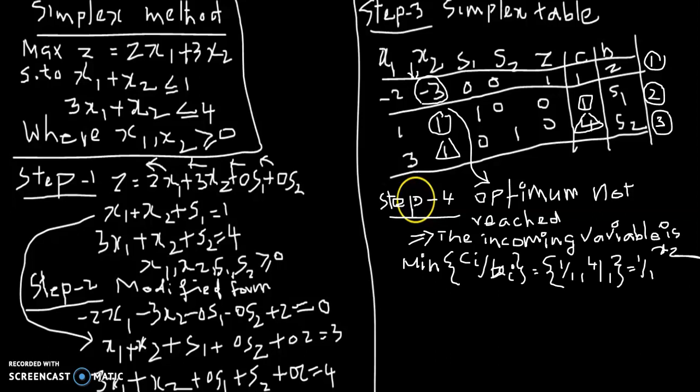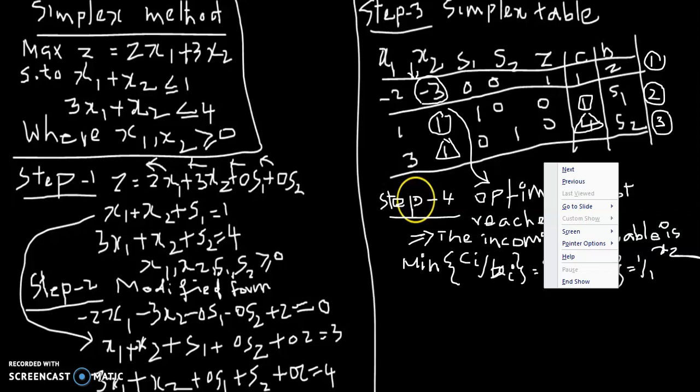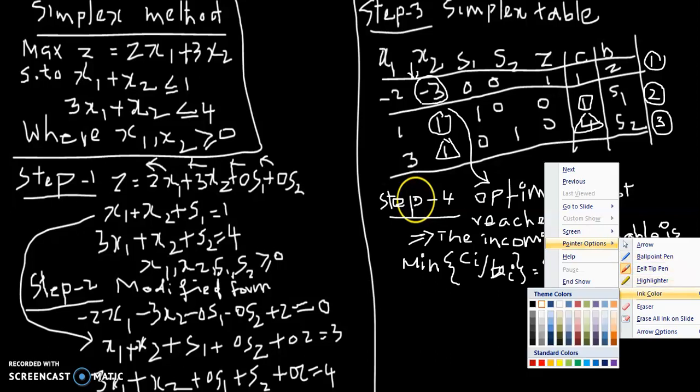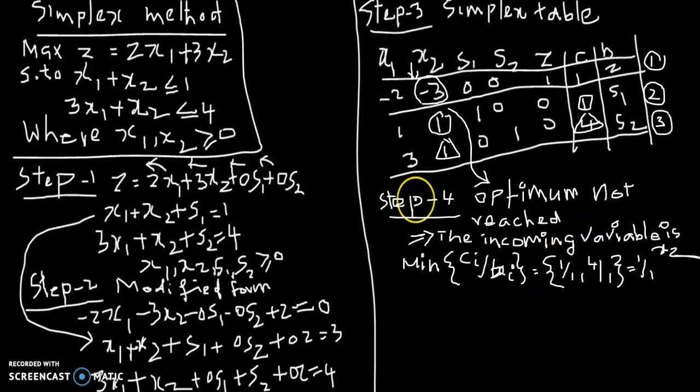The minimum replacement ratio gives you the outgoing variable, at the intersection with the incoming variable. So here S2 is the outgoing variable.